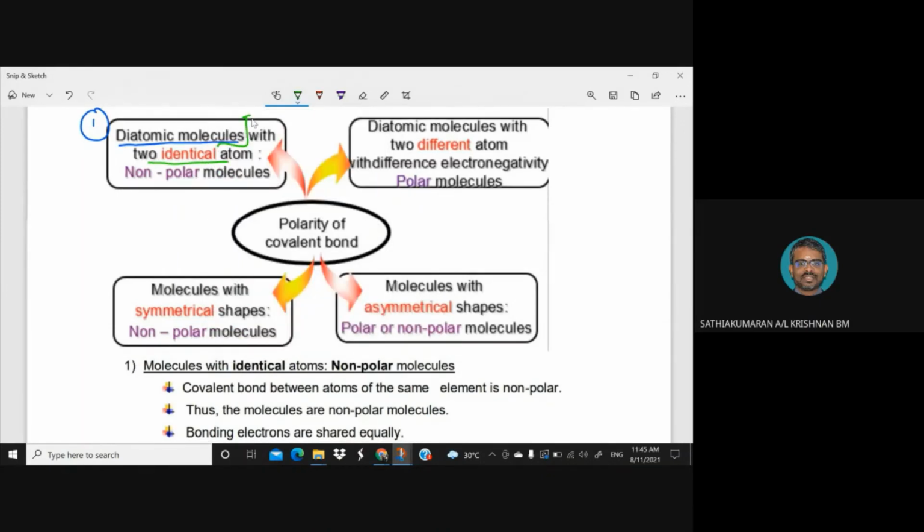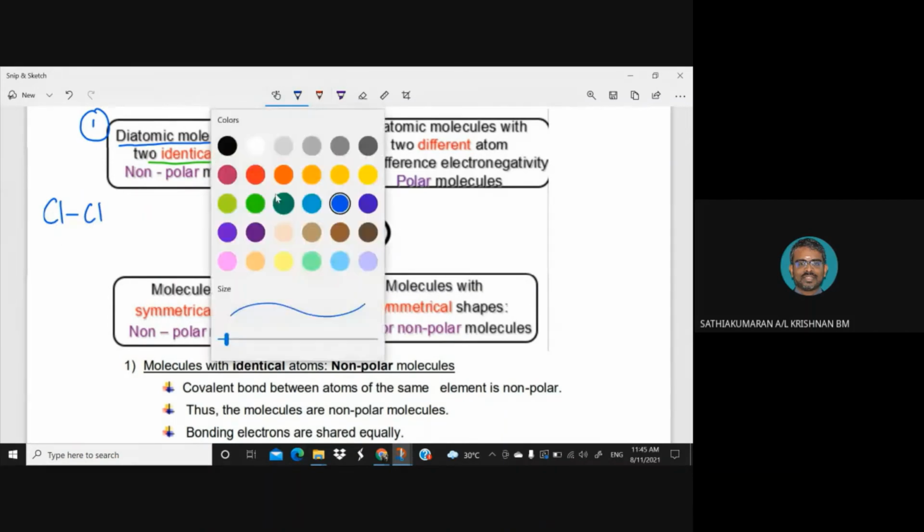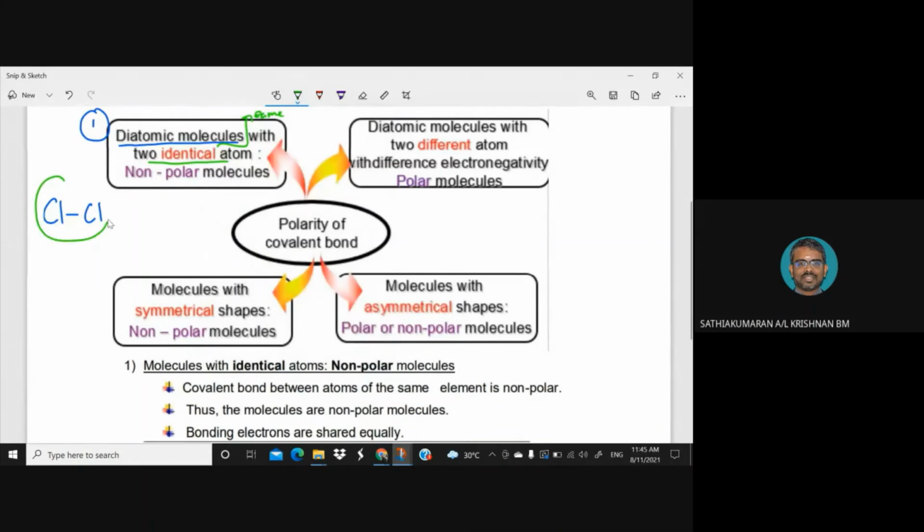Identical means the same. For example, Cl and Cl is a diatomic molecule. Are they the same? Both are the same chlorine atom. So automatically this molecule will be a non-polar molecule.